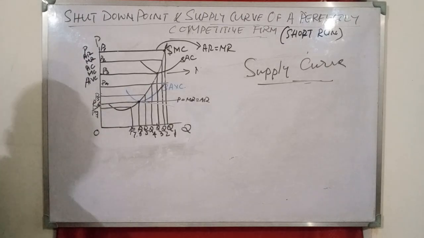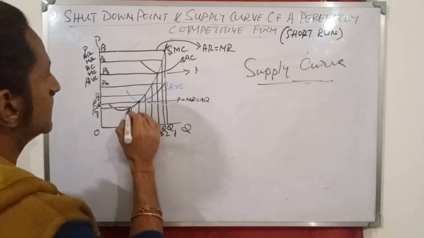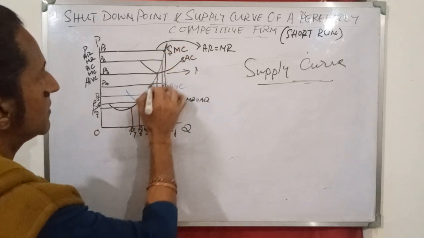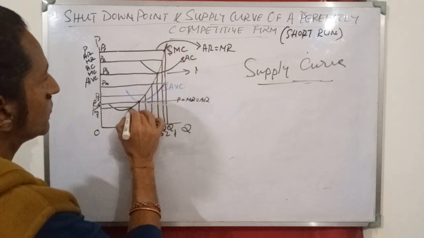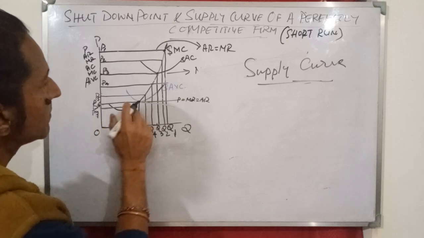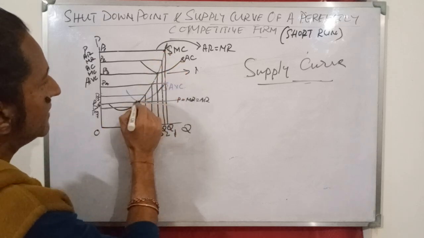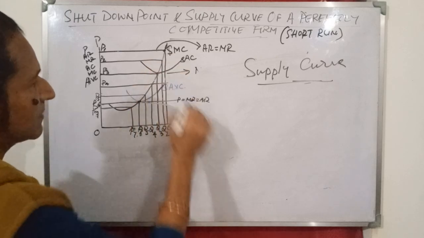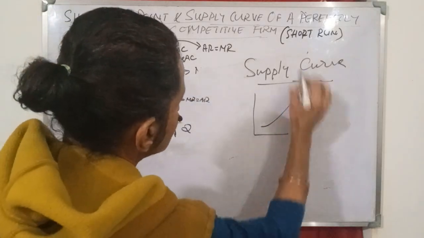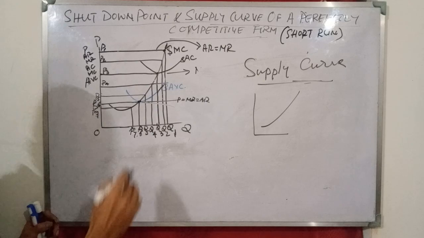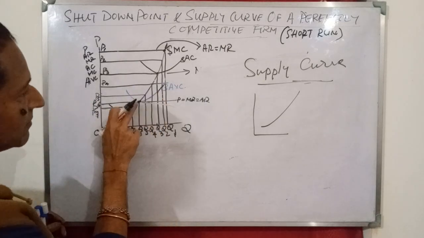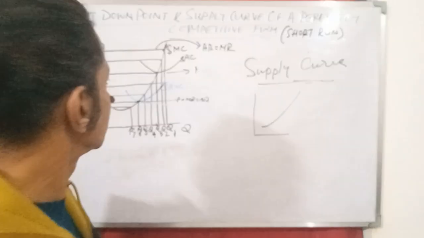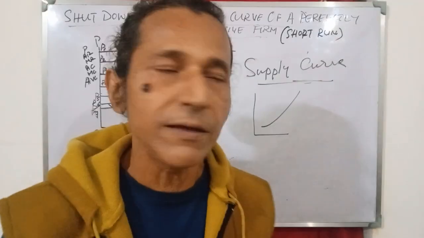So, as a matter of fact, this portion of the short-term marginal cost curve, the portion above the minimum average variable cost, is upward sloping, and it is the supply curve of the firm. Why?